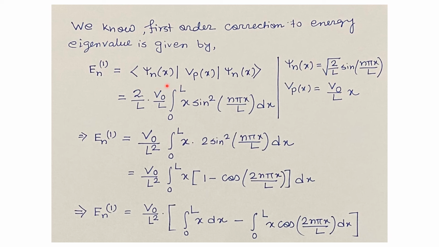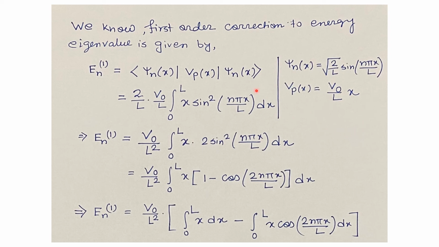So this is given by En1, the first order energy correction, equals the expectation value of Vp(x) with respect to psi n(x), which is the unperturbed wave function of that system. So now our psi n(x) is basically root over 2 by L times sine n pi x by L, and our perturbed potential Vp(x) equals V0 by L times x.